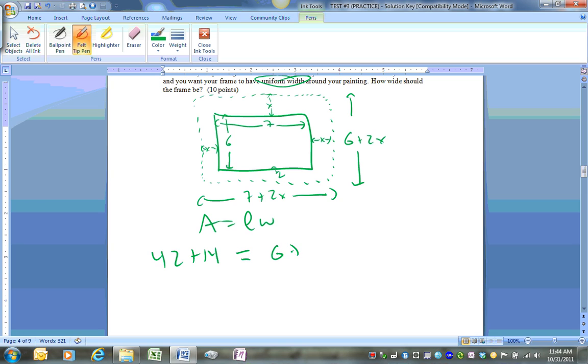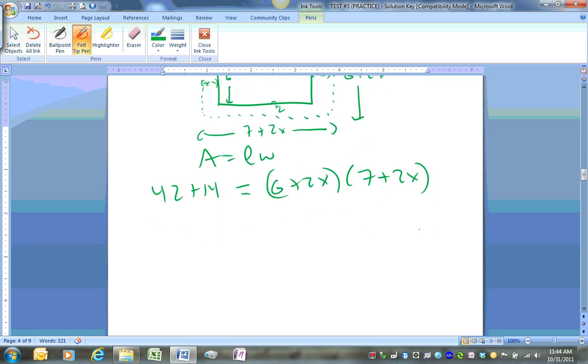Your dimensions are 6 plus 2x and 7 plus 2x. So you get 56 equals 42 plus 26x plus 4x squared. So 0 equals 4x squared plus 26x minus 14.